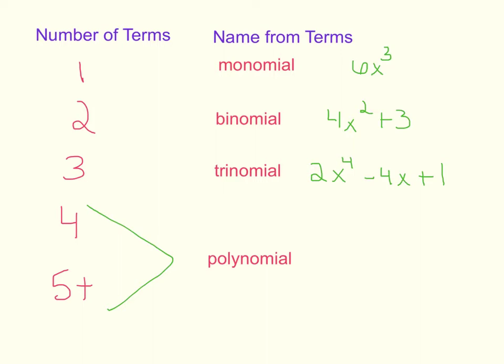So technically all of these are polynomials, but we have more specific ones: monomial, binomial, and trinomial. So a polynomial could be 6x to the fifth minus 2x squared plus 3x minus 7. That would be a fifth degree polynomial.